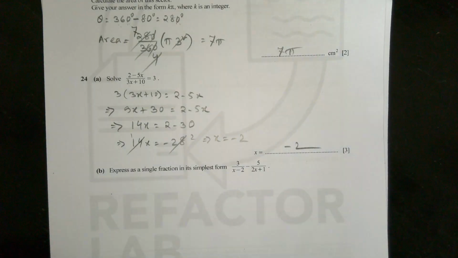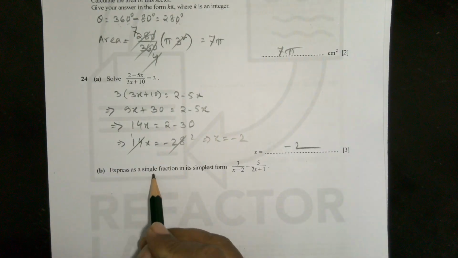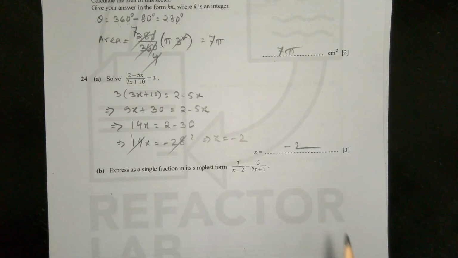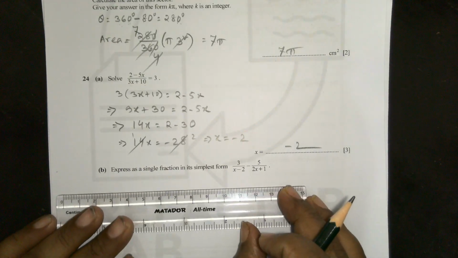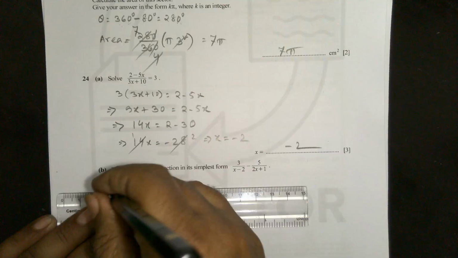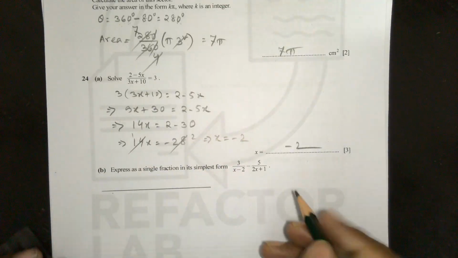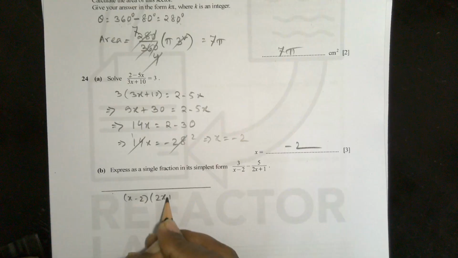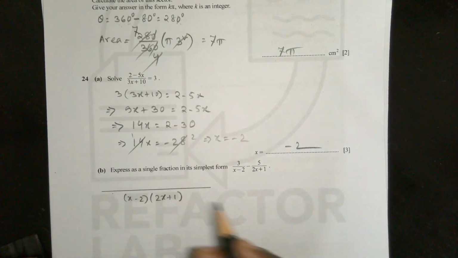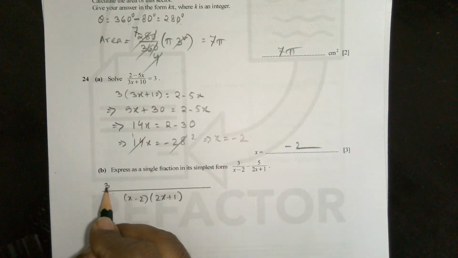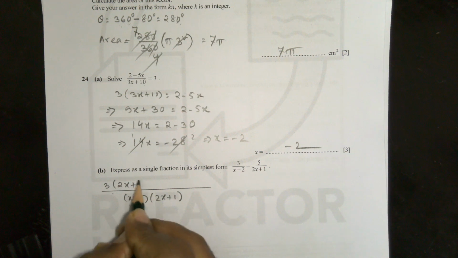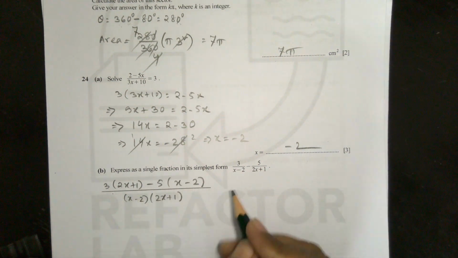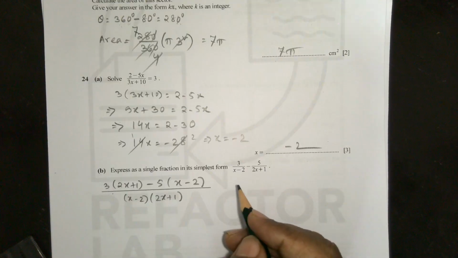Okay, done. So express as a single fraction in simplest form. So now we have to do the LCM. Yes, sir. So this is (x minus 2) times (2x plus 1). So now I will have 3 times (2x plus 1) minus 5 times (x minus 2).